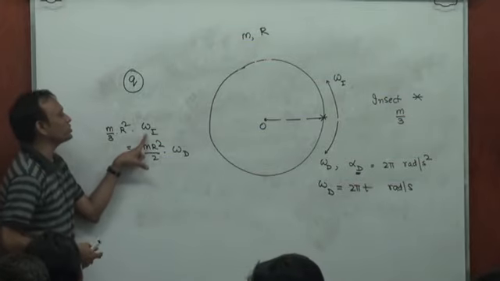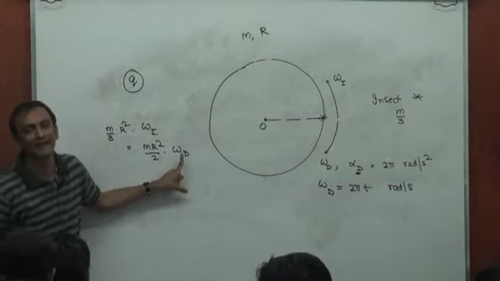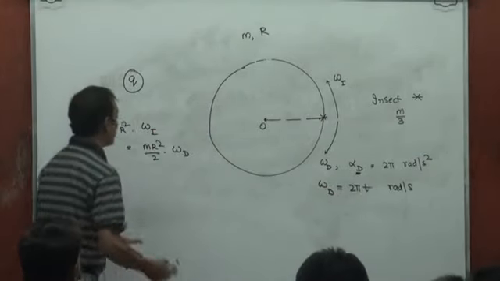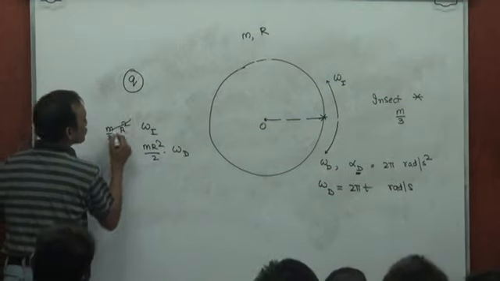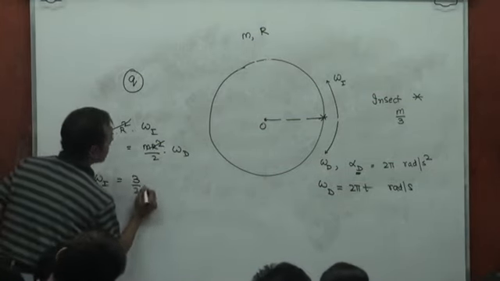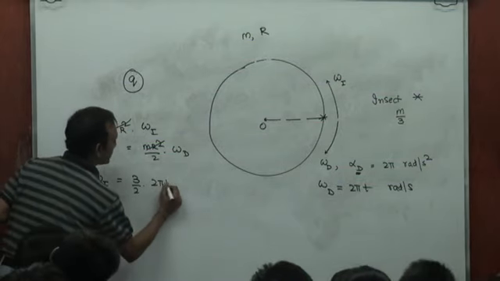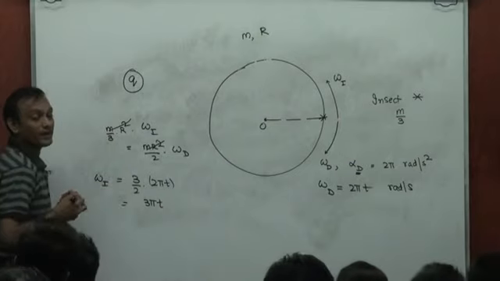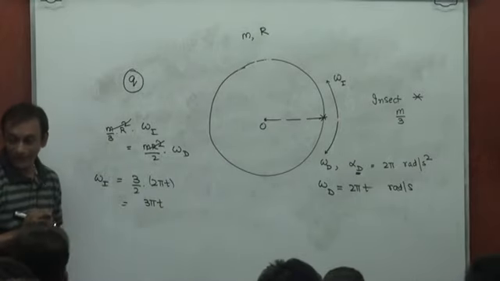This gives us an opportunity to calculate omega I in terms of omega d, given that omega d at this instant is 2 pi t, right? So we have very clearly omega I equals 3 by 2 omega d. Omega d is 2 pi t, which makes 3 pi t the omega of the insect, right?